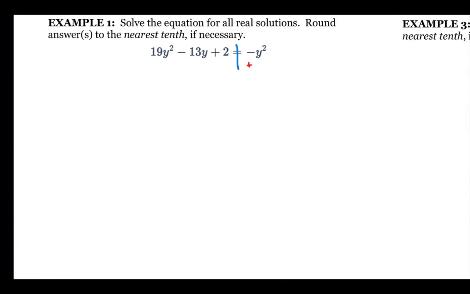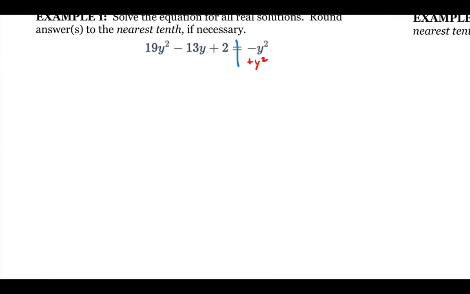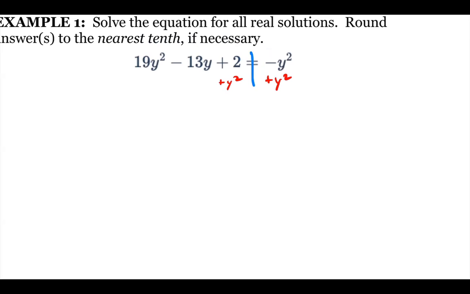To do that, I'm going to add y squared to both sides. Now, I can't add it over here because those aren't like terms. But what I can do is add it over here, right? So I'm going to add it there. These make a 0.